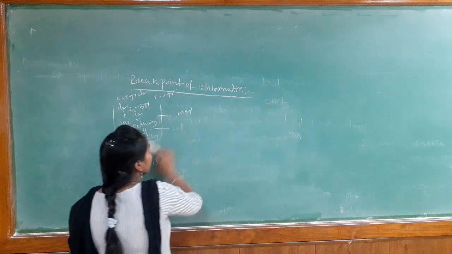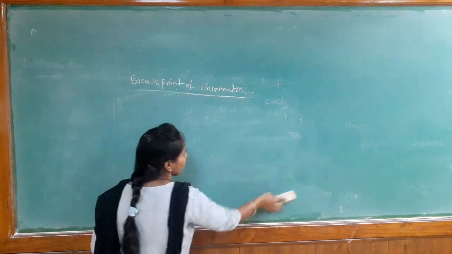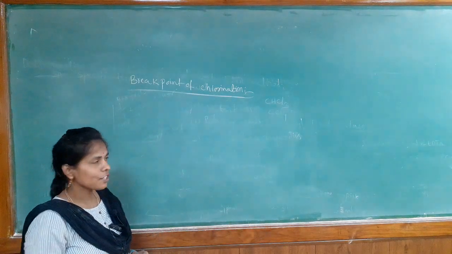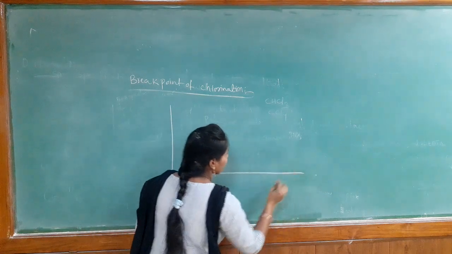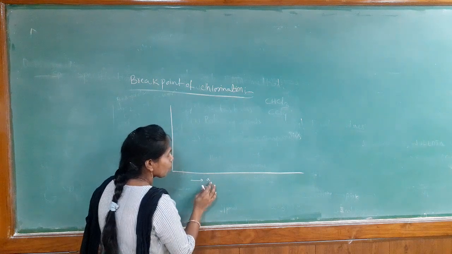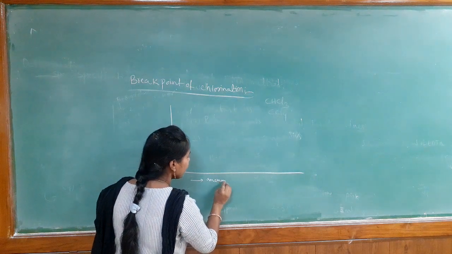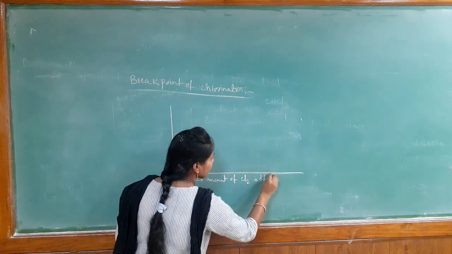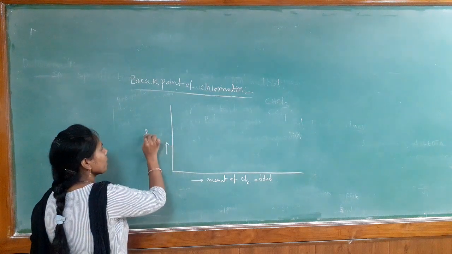So, now maybe everyone is clear about what products are forming and what happens in each stage. On the x axis we are taking the amount of chlorine added, on the y axis residual chlorine.